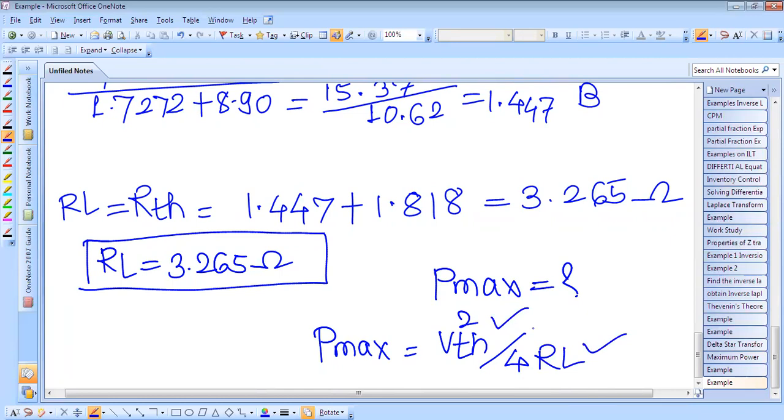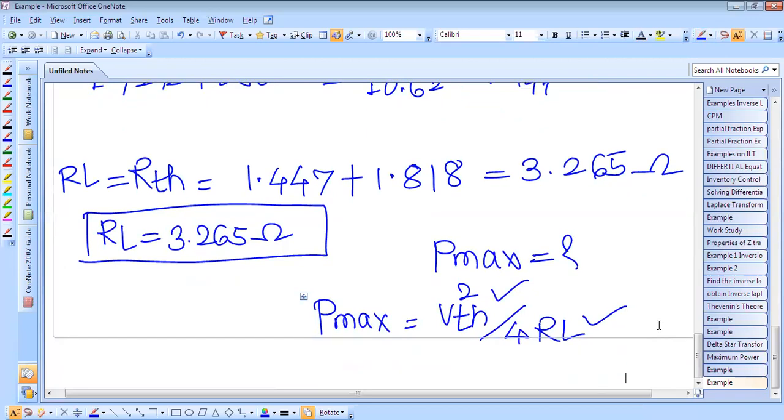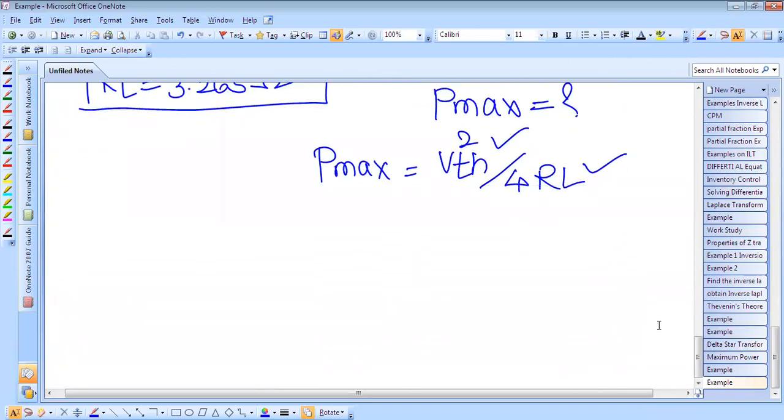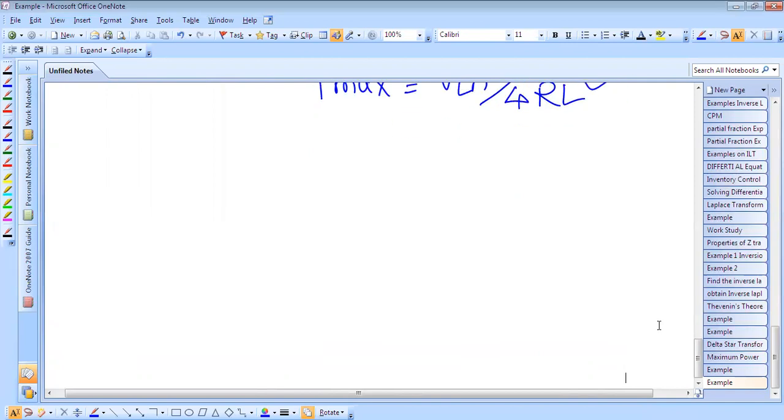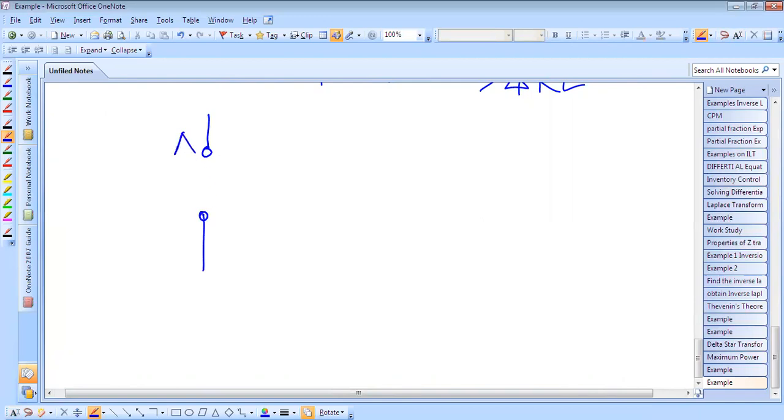For calculating VTH, we have to find the open circuit voltage across the output terminal or the load terminal. So here is the calculation of VTH. Now open circuit the load terminal. After open circuiting the load terminals, because we have to find the VTH across this AB terminal, therefore we have opened this.